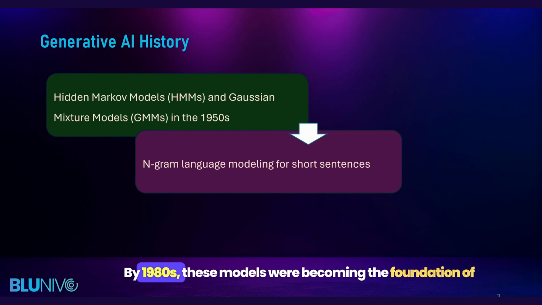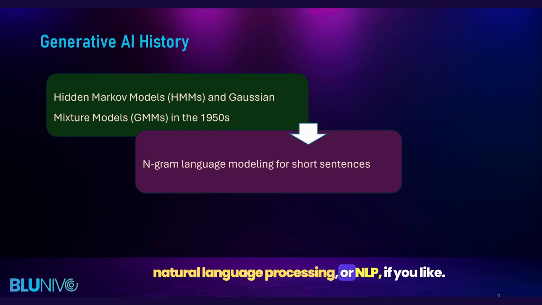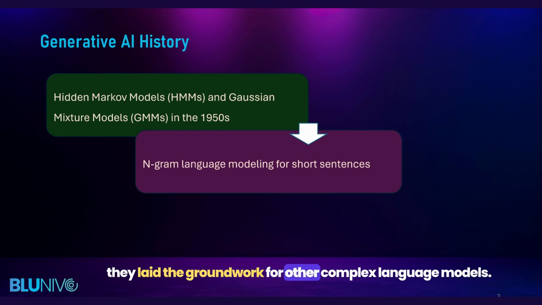By the 1980s, these models were becoming the foundation of natural language processing, or NLP, if you like. They were specifically very helpful to handle short sentences, and it's not far from the truth if I say they laid the groundwork for other complex language models.